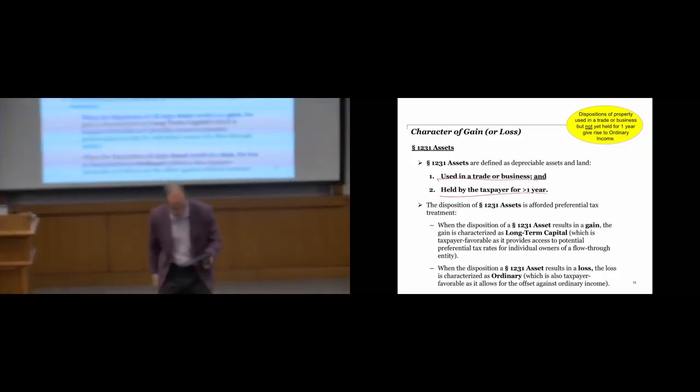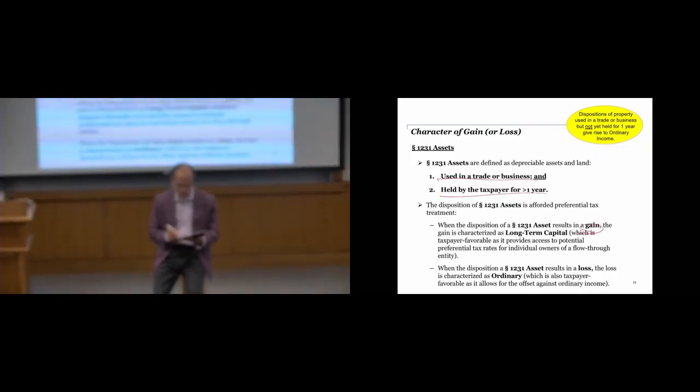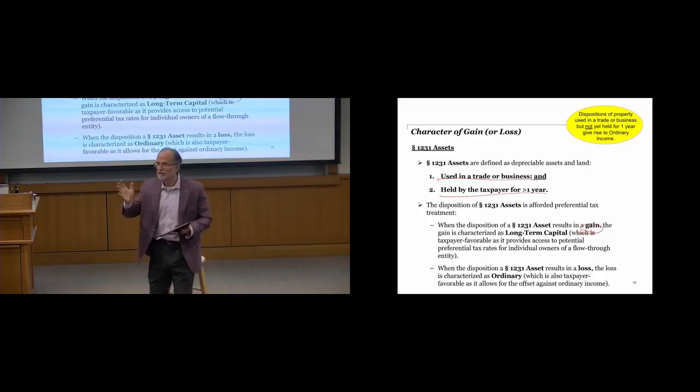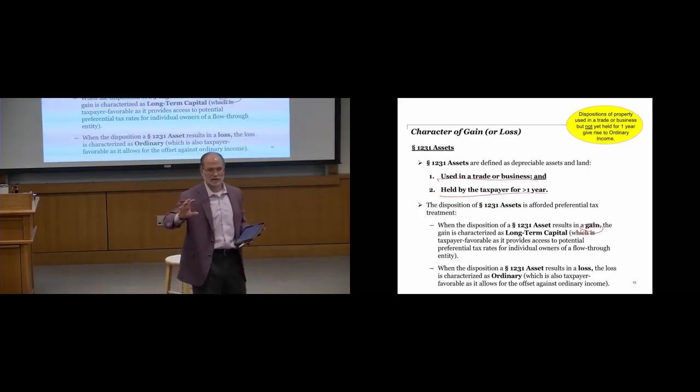If the disposition results in a gain, it's characterized as long-term capital, which is taxpayer favorable. In what instances? When it provides access to potential preferential tax treatment, that's only going to happen when I have an individual owner of a flow-through entity. Right? Because a corporation doesn't have preferential tax treatment on long-term capital.